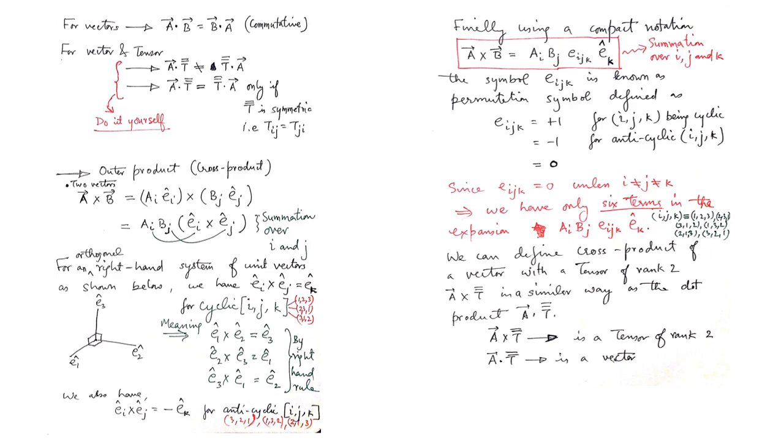Now what do we mean by right-handed? Right-handed means that we have the property that ei cross ej is always equal to ek for cyclic combinations of i, j and k, which I have further elaborated below. What is the meaning of a right-hand system? The meaning is that, as per the figure, you can see that if you use the right-hand rule for which is normal.